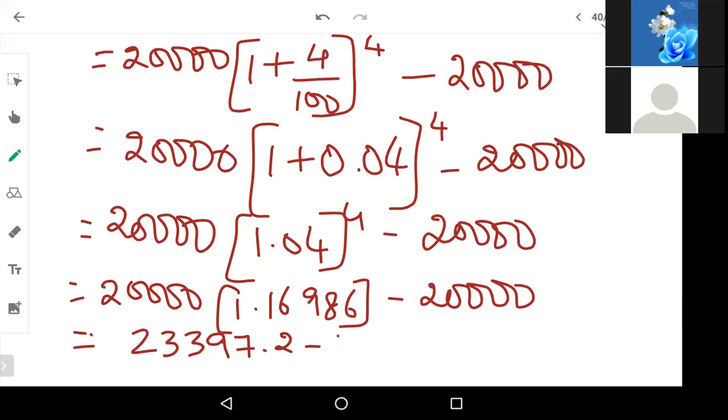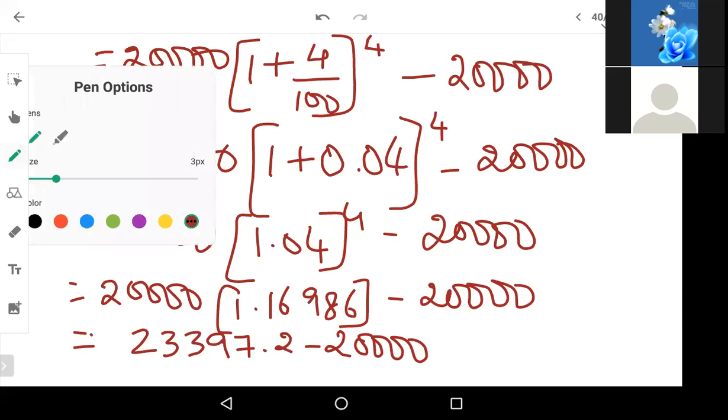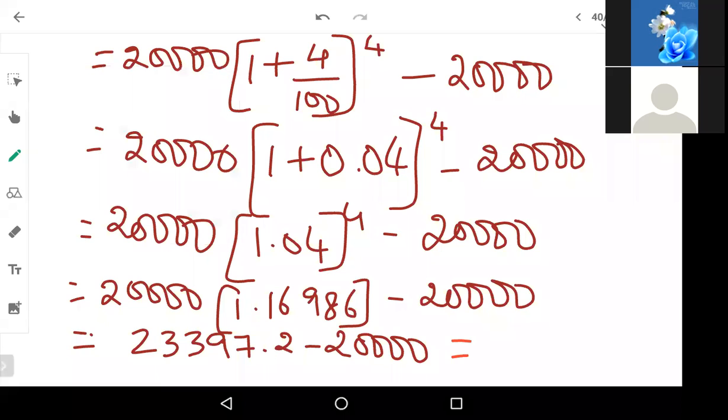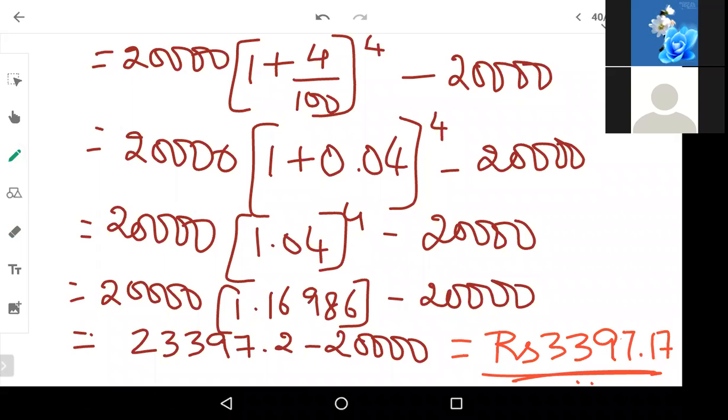23,397.2 minus 20,000, and the compound interest will be rupees 3397.17. 3397.17. Did you all get the same answer? 17, and after that if you get decimals also, no problem. So this is the compound interest when computed annually or for 1 year.